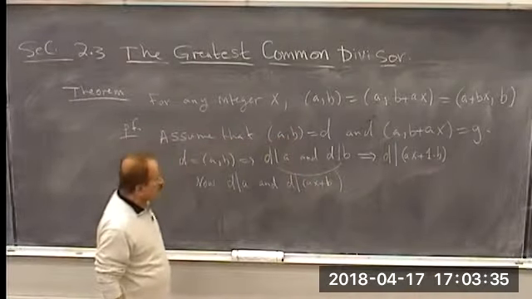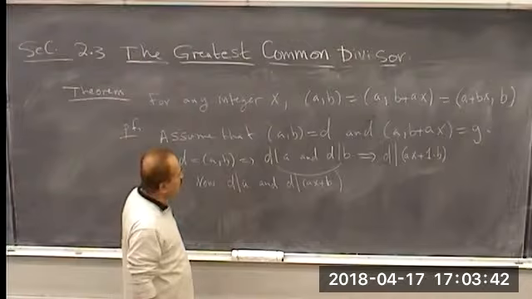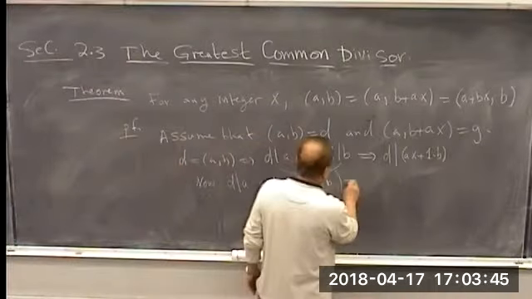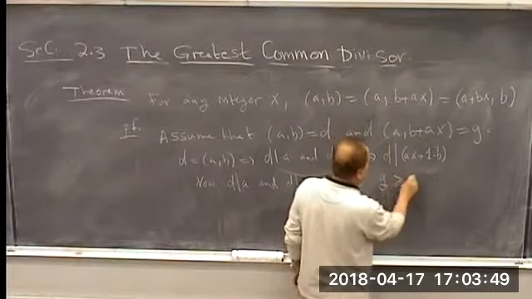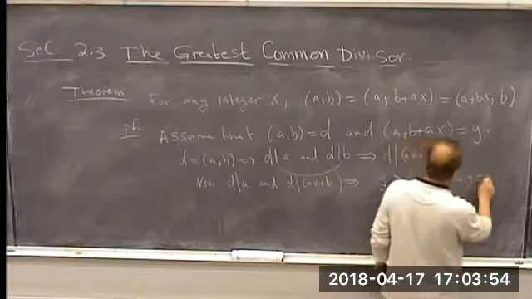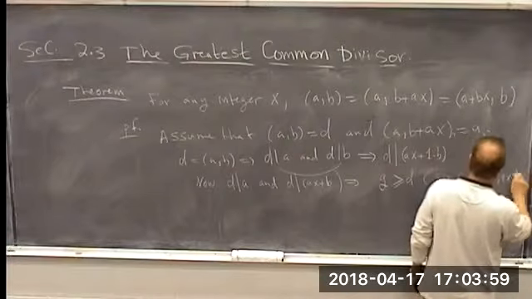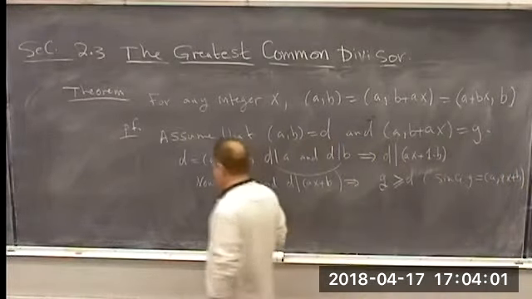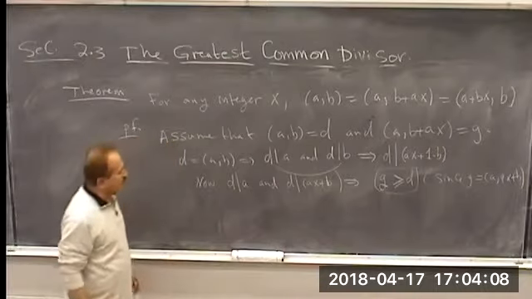All right, and this means that D is going to be a common divisor of these, and this implies that G is going to be bigger than or equal to D, since G is the greatest common divisor of A and AX plus B. All right, so we have one inequality here. Now we need to do another inequality the other way around.